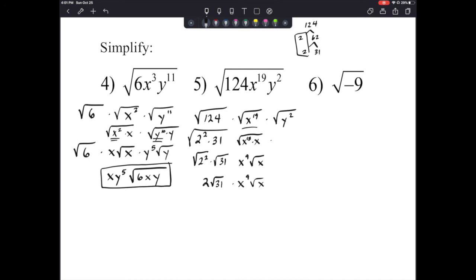Remember, we don't need to worry about absolute value with these ones right now, so we'll just say this will be y because it's a perfect square. And we'll take that and we'll bring that down. Last step for this one, let's put together everything that's on the outside. We have 2x to the 9th y times the square root of 31x. And that is our answer.